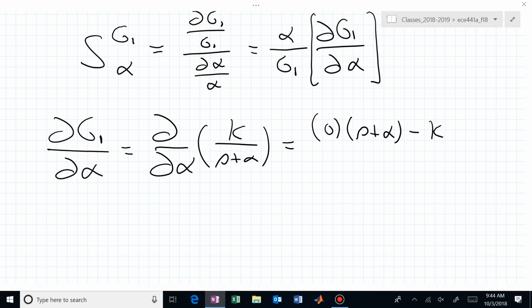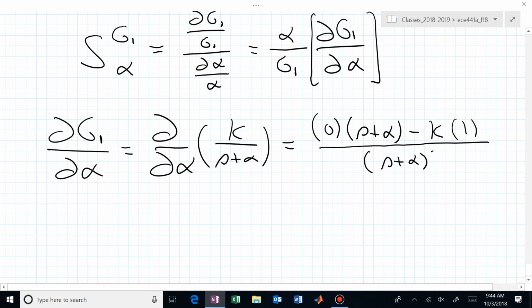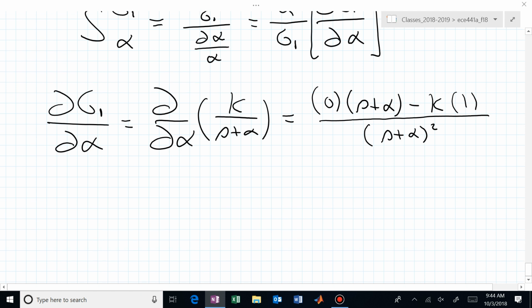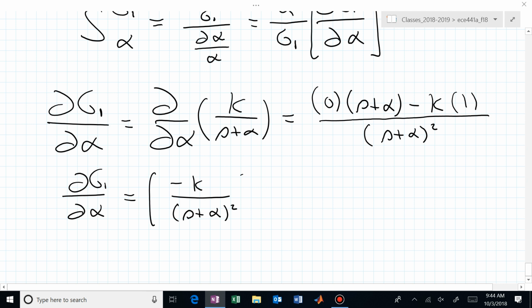S doesn't have any alpha in it. We just have alpha, so that's just a 1, and we divide that by S plus alpha squared. So the partial of G1 with respect to alpha becomes minus K over S plus alpha squared.